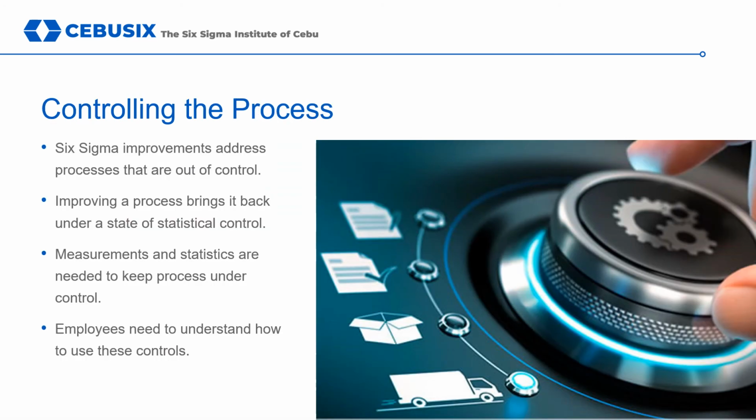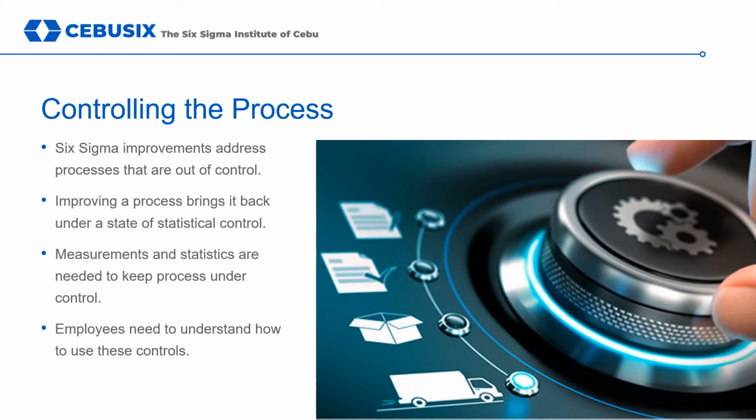Often, Six Sigma improvements address processes that are out of control. To be considered out of control, a process must meet specific statistical requirements. The goal of any improvement project is therefore to bring an out of control process back into a state of statistical control.